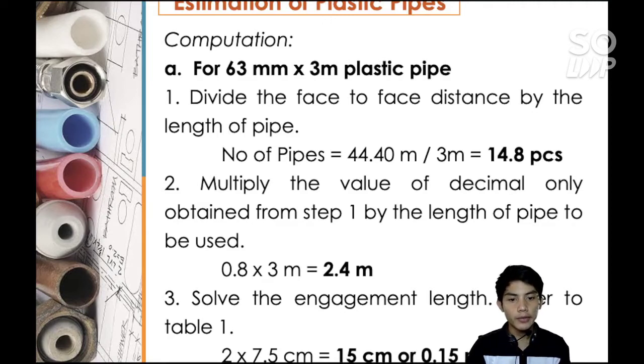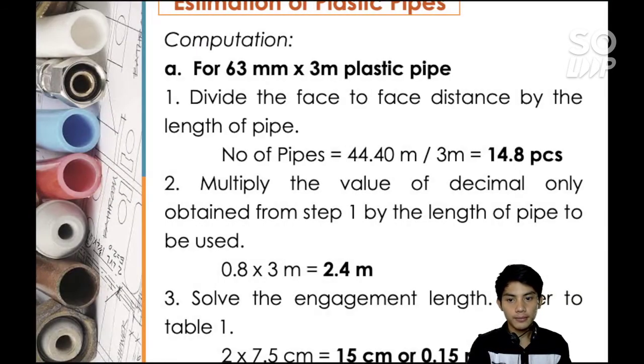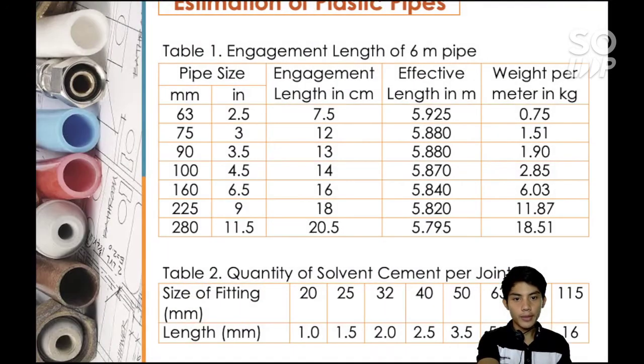Then we solve for the engagement length. Let's refer to table 1. For the 63 millimeter pipe, we have 7.5 engagement length.